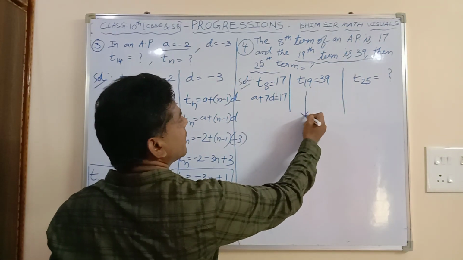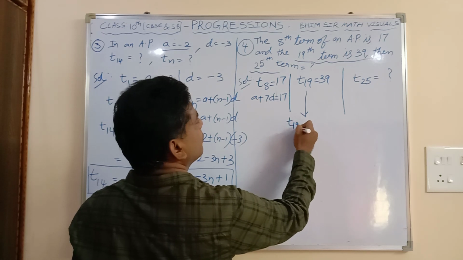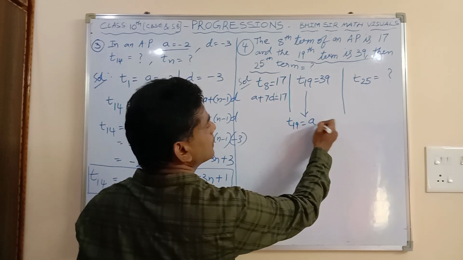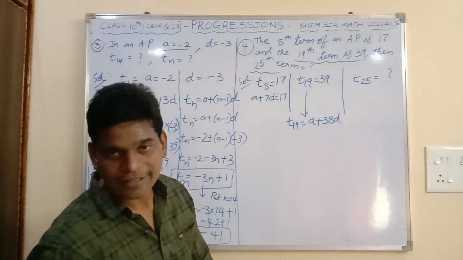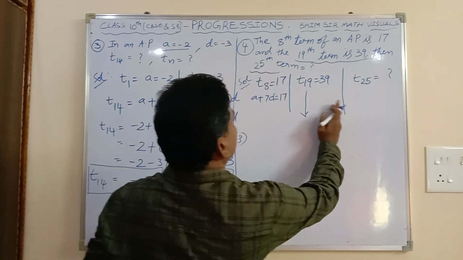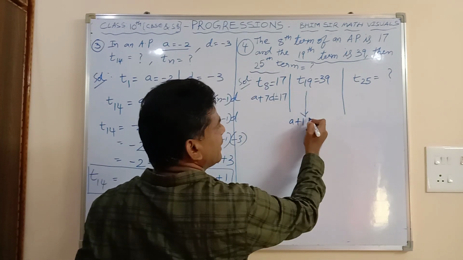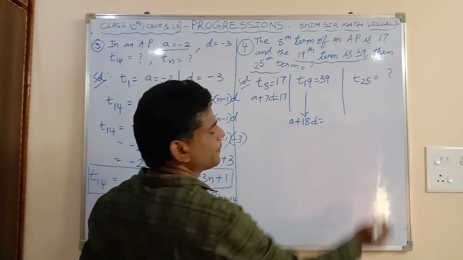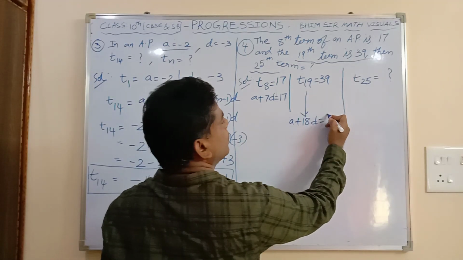Okay. T19, how will you express? T19 means A plus 18D, equal to 39.